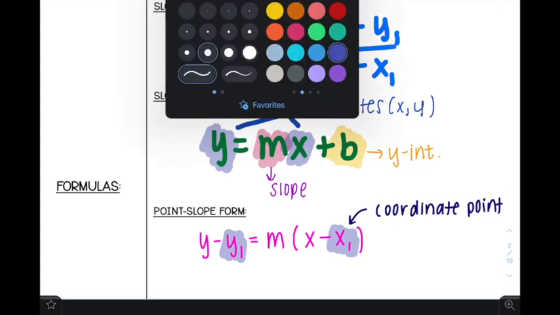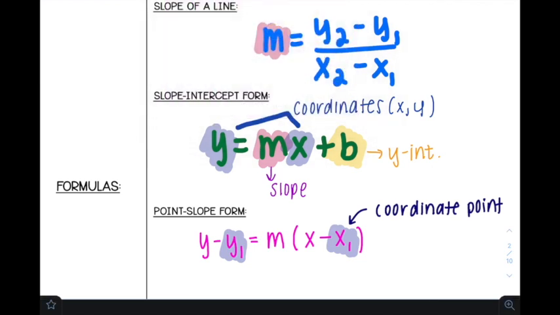Then you have your slope. Your slope obviously is going to be your m. And that's all you really need for the point slope form, a point and your slope.